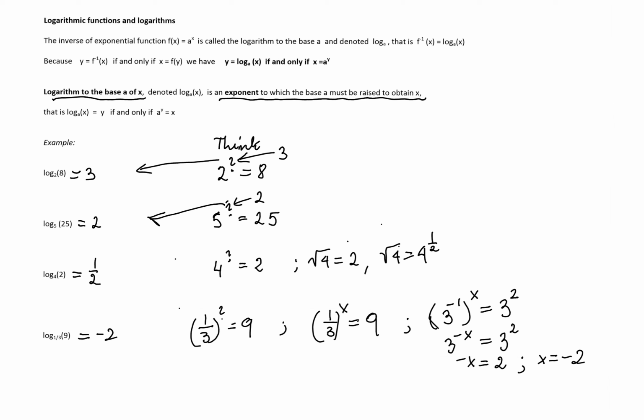And therefore my x that replaced the question mark is my logarithm. This is logarithm to the base 1/3 of 9. This is negative 2. If I raise 1/3 to the negative 2 power, I will have the answer 9.